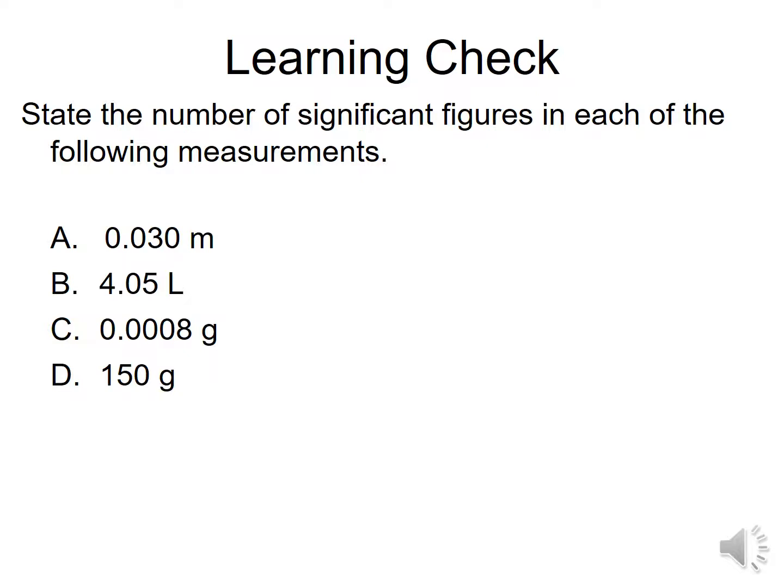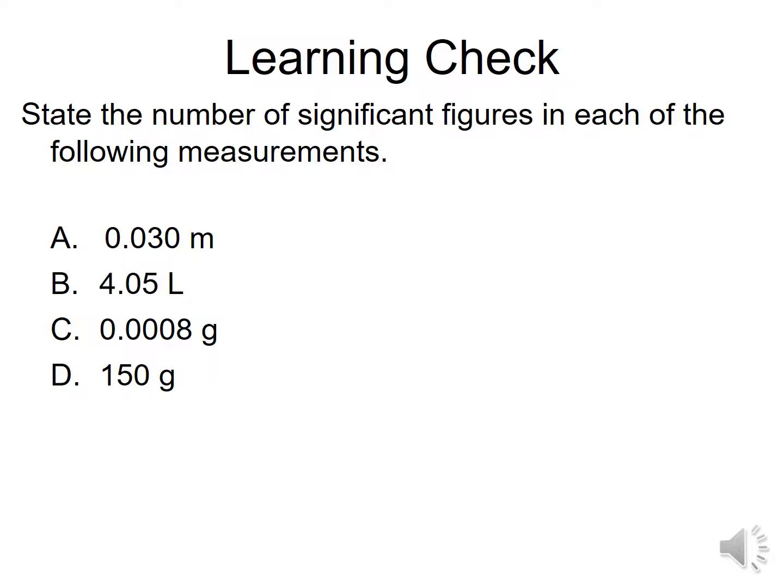0.0008, the decimal is present, so start counting from the left. Start with the first non-zero digit, which is an 8. There's no digit after it. It's only 1 sig fig, only 1 significant figure. And 150 grams. Here the decimal is not present, so we start with the first non-zero digit as counted from the right.